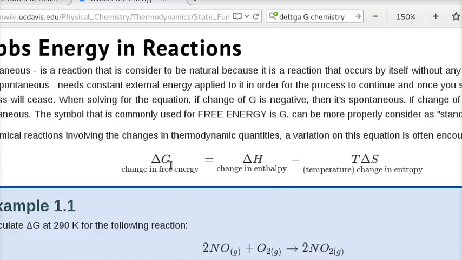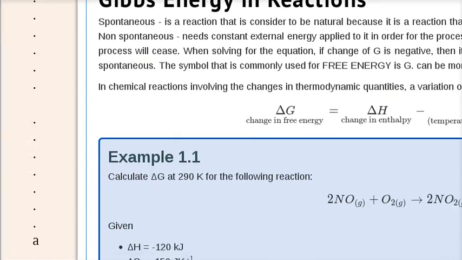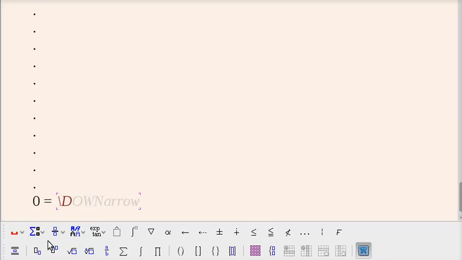So if we take this famous formula and set delta G equal to 0, we have 0 equals delta HF. Well, I suppose it would be a formation, depending on what you're working with, it might have the superscript 0 and subscript F. You'll have to ask Dr. Spencer when those show up or not.